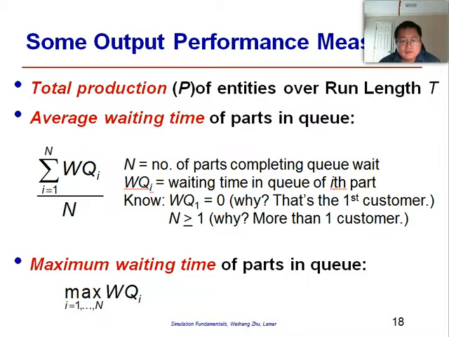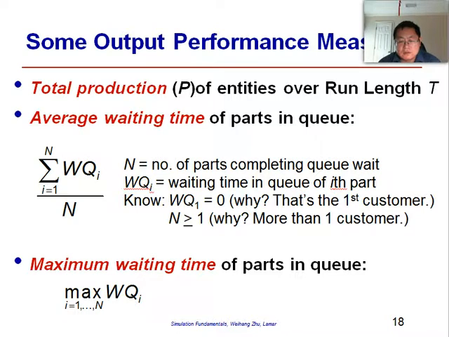Now let's consider the drill press example in your textbook. If you prefer, you can consider it as the ice cream shop too. They are similar conceptually. We present these performance measures in mathematical equations. The first one, total production of entity, is a count.